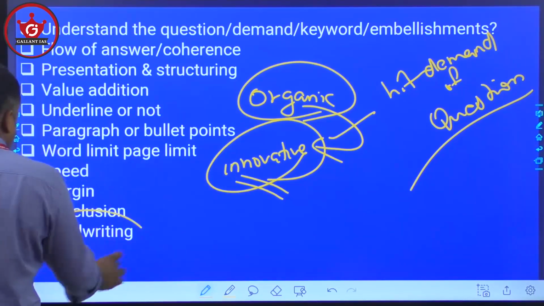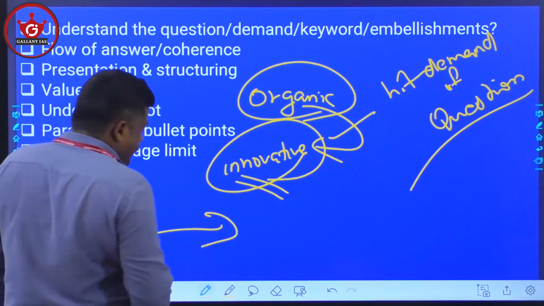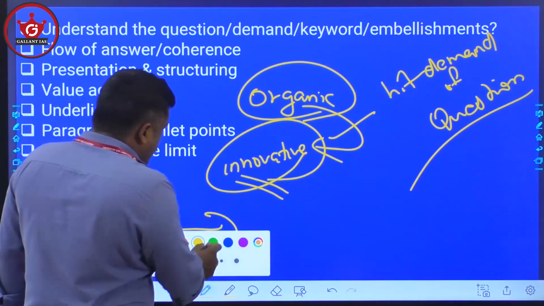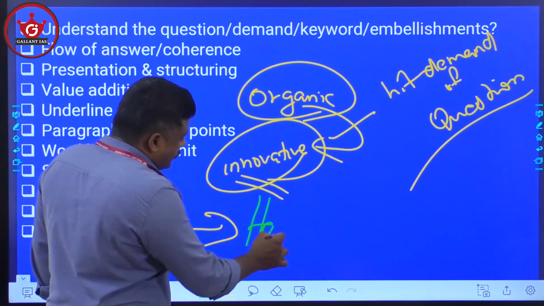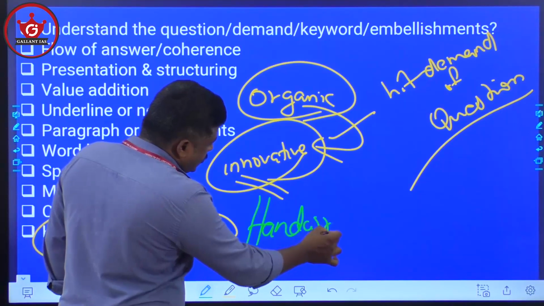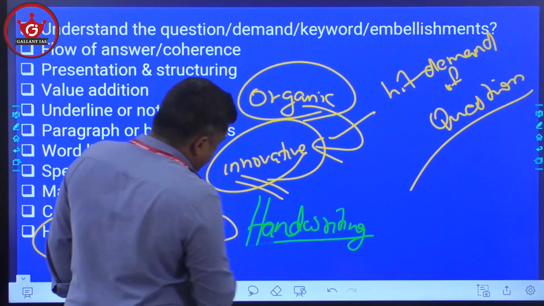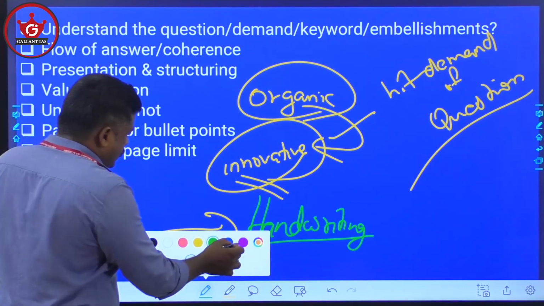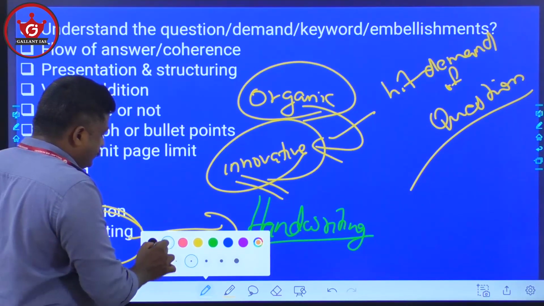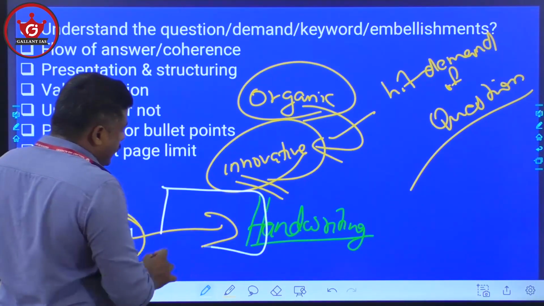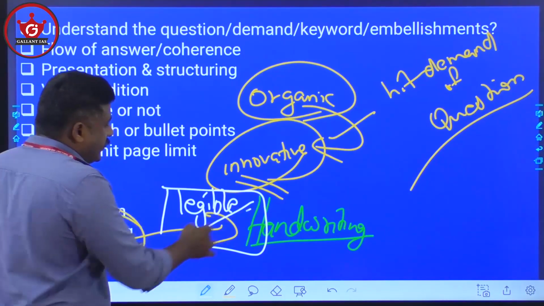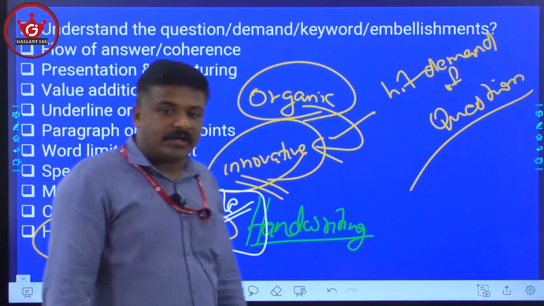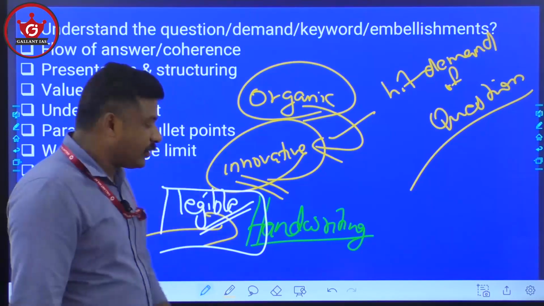Now, handwriting. There is a question you asked about handwriting. Is there anything related to handwriting? My idea is let it be legible, that's it. It is not necessary that it should look like Salman Khan, Shah Rukh Khan or Aishwarya Rai.